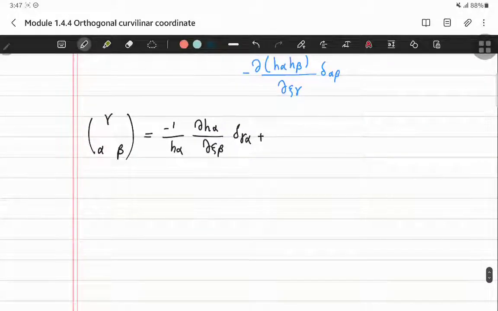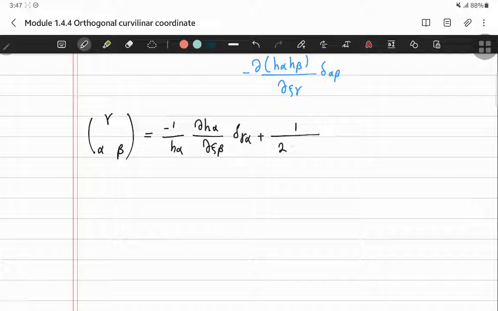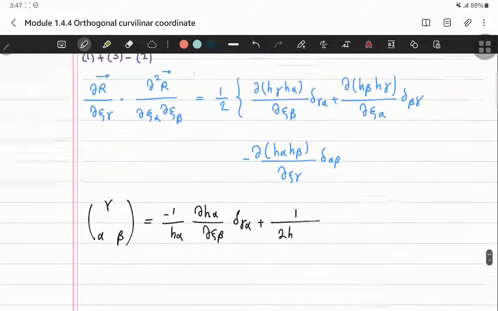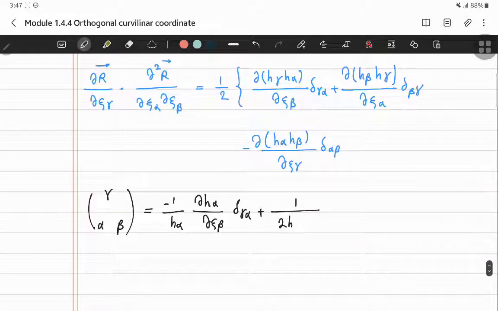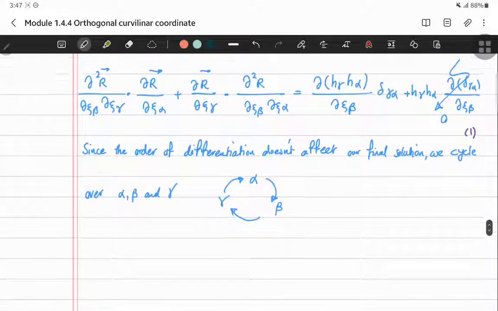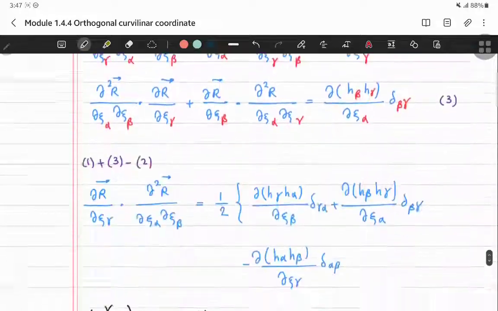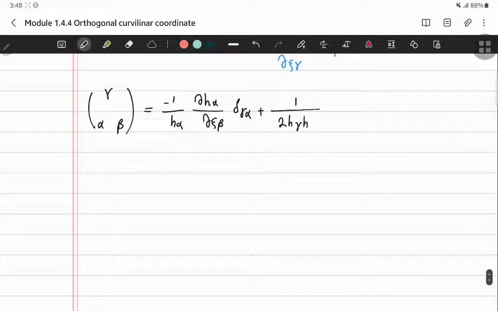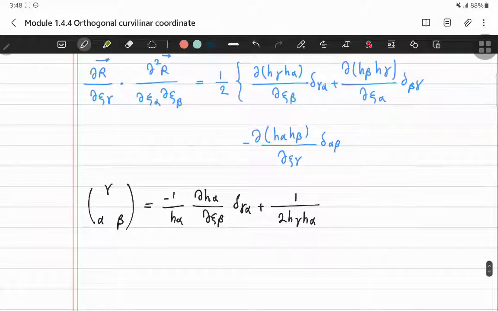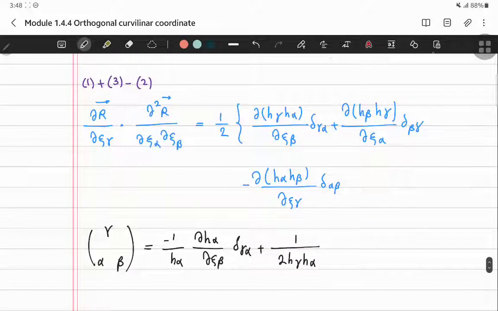So it'll become 1 divided by 2 h gamma h alpha h alpha times this in here. So let me copy this.